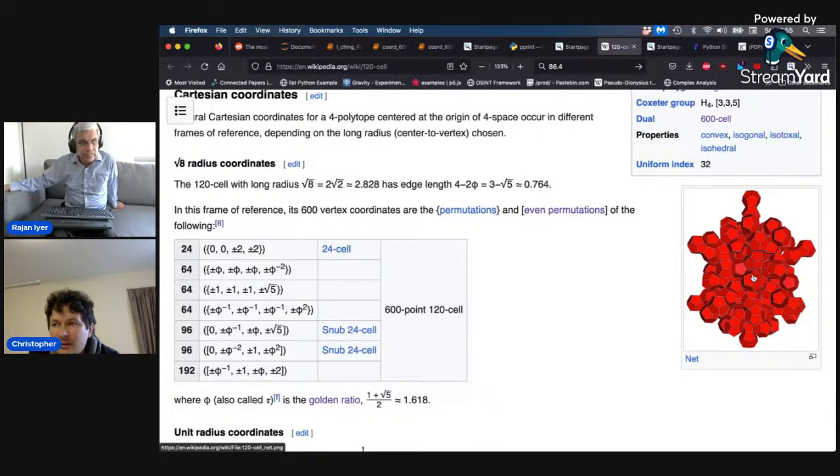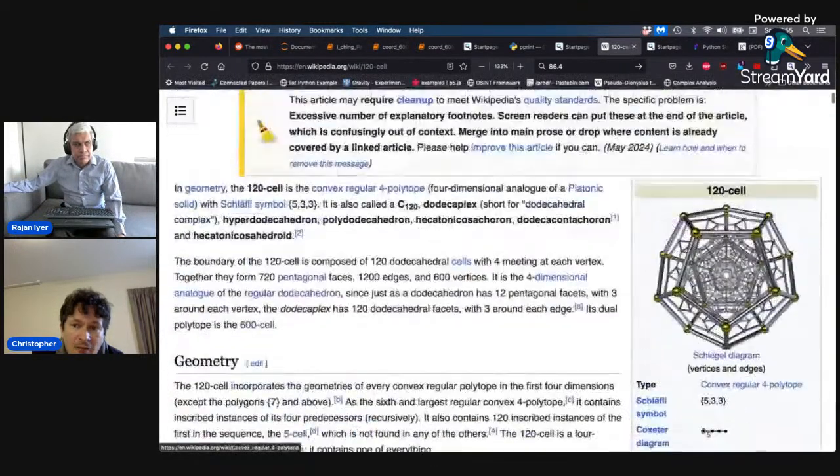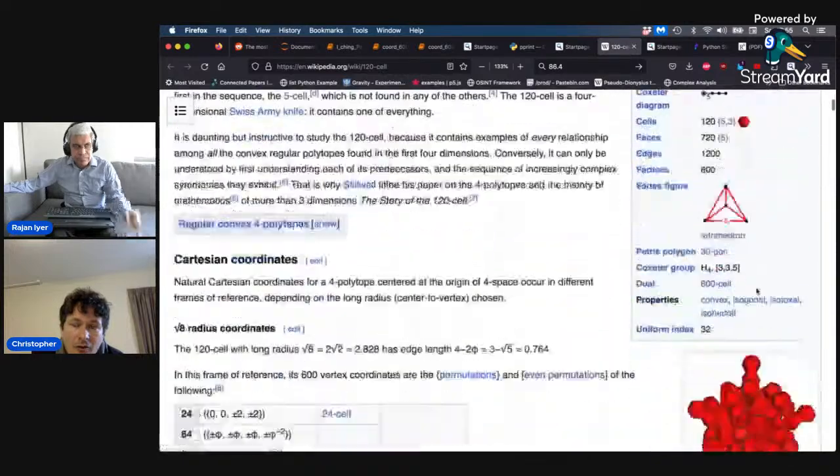And all of them are coupled with a graviton, no matter what the particle is. They all have a graviton connected to them. And so an interesting thing then would be to create this graph, or not this specific graph, but maybe more like this one, of the 120 cell.